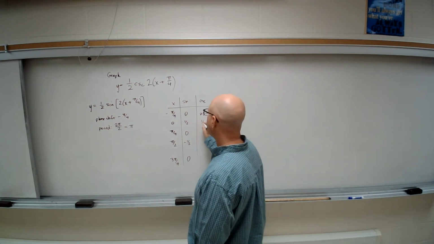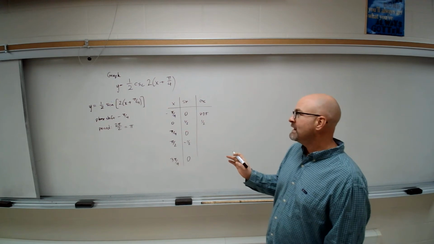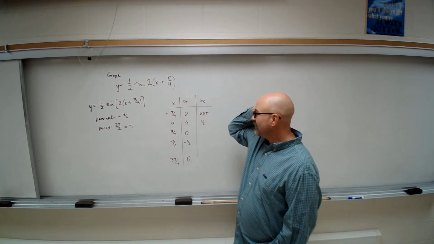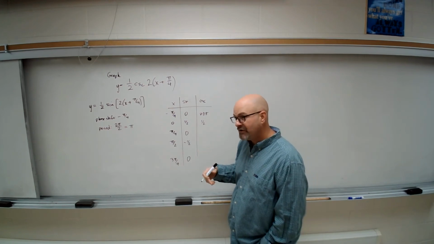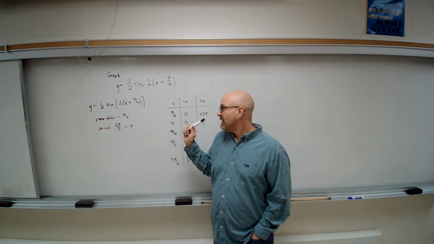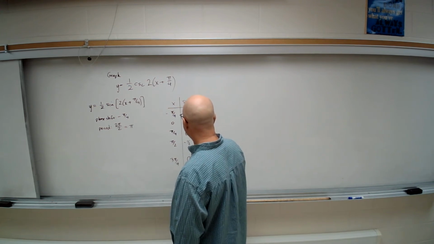This is still going to be 1/2. You're not going to take the reciprocal of that. The reason being, if you put 0 in here for cosecant, you get the cosecant of pi over 2, which is 1, right? And then you do 1 times 1/2, which is still there. So really, wherever you had the zeros become undefined, everything else will stay the same.